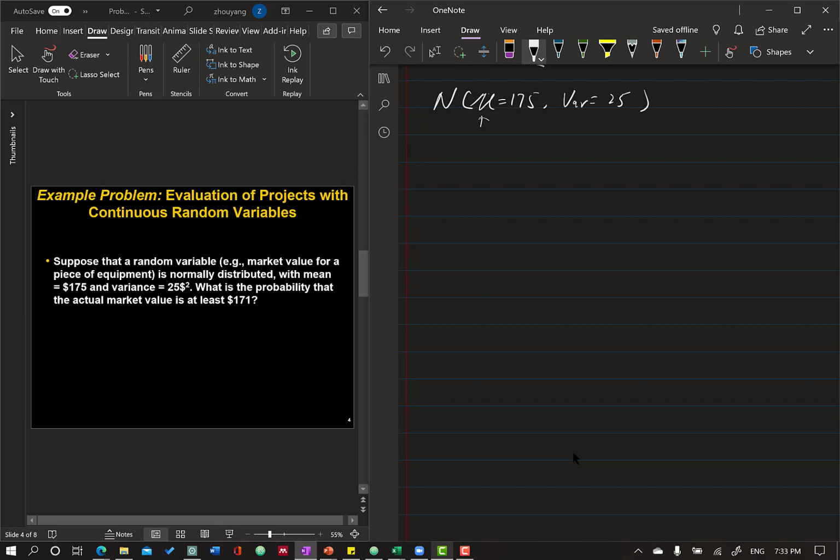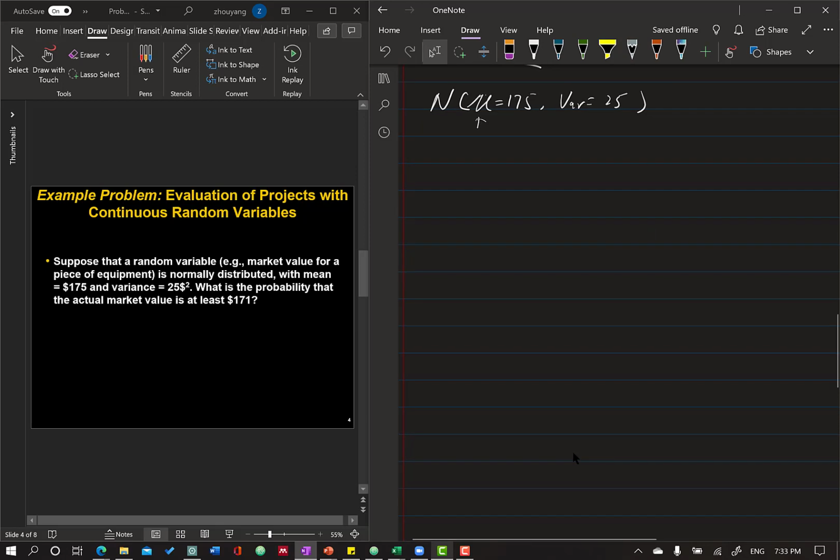This is my typical notation for the mean and the variance, and additionally, the notation for the standard deviation is sigma.